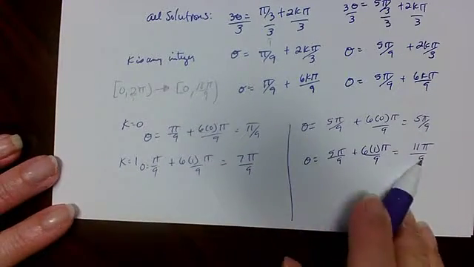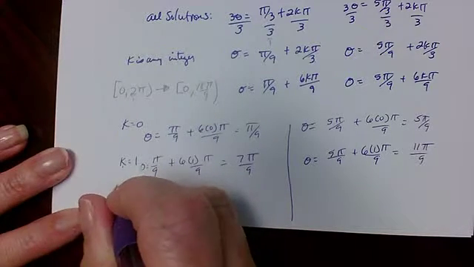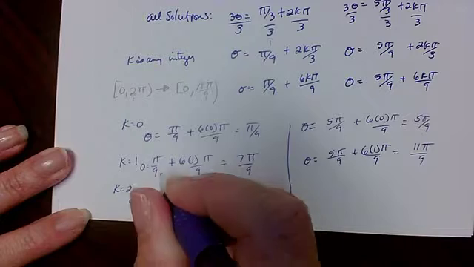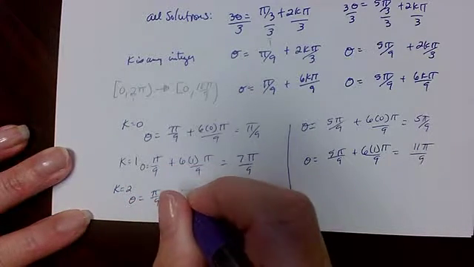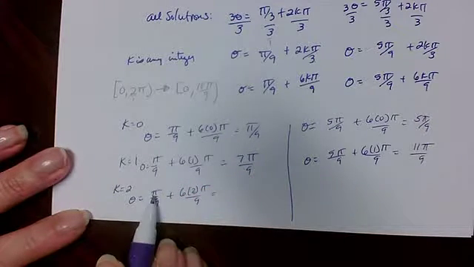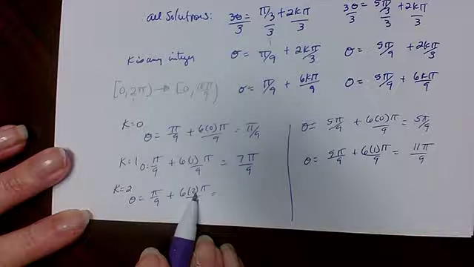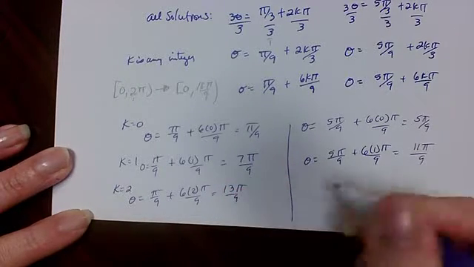Well, we're still not very close to 18, so let's see if we can do some more. So if we do k is equal to 2, we get theta is equal to pi over 9 plus 6 times 2 pi over 9. Well, that's 1 pi plus 6 times 2 is 12. So 12 plus 1 is 13 pi over 9.